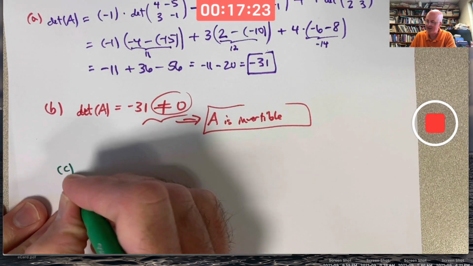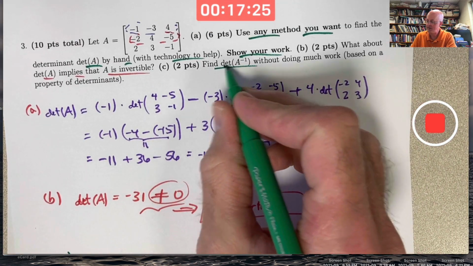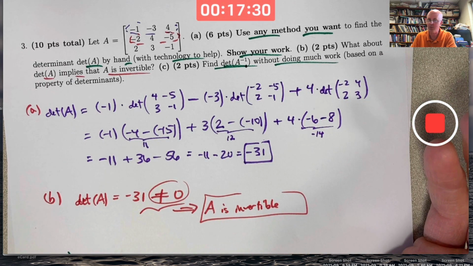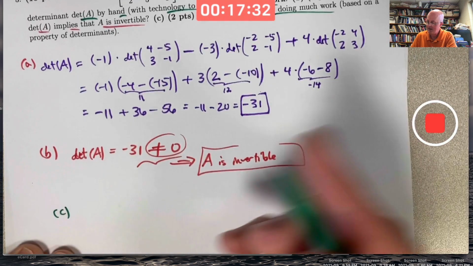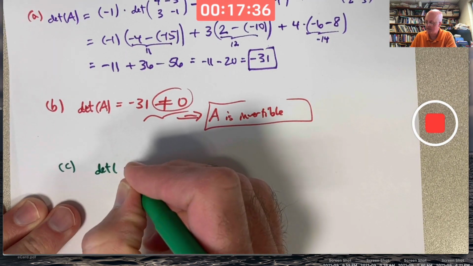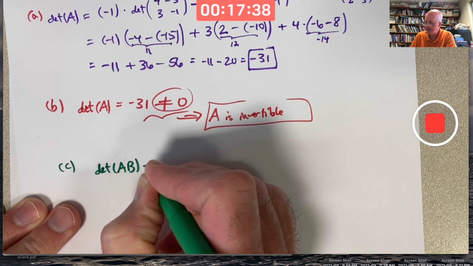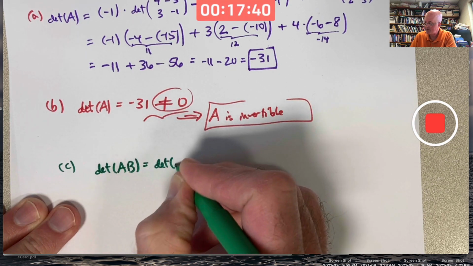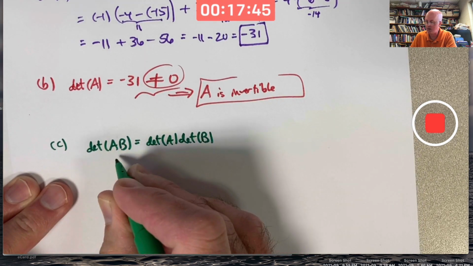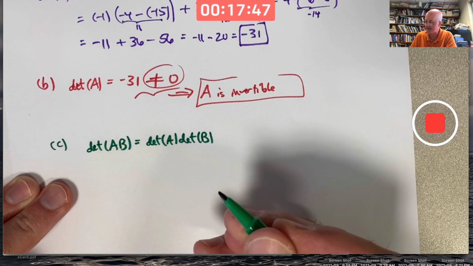C, again, find the determinant of the inverse matrix without doing much work, is the way I phrase it here, meaning without finding A inverse itself. It's based on a property of determinants: the determinant of a product is the product of the determinants. That's a true fact in general when you've got two square matrices, A and B, of the same dimensions.